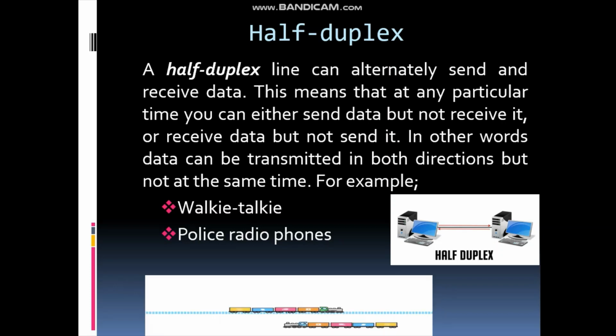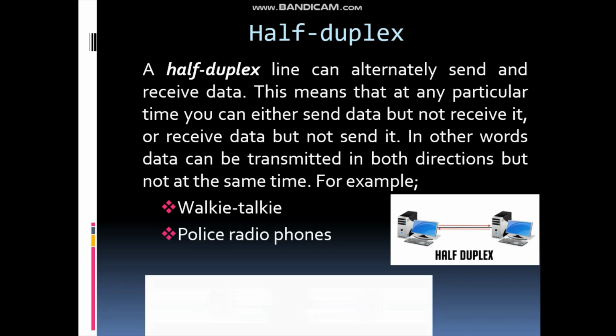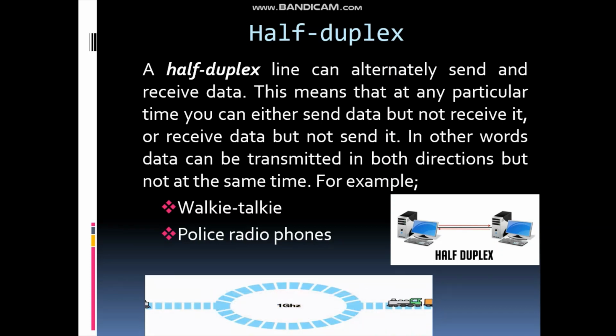For example, walkie-talkie or police radio phones. Another example is a single lane, where cars can travel in both directions but not at the same time. So it's the same thing with half duplex.